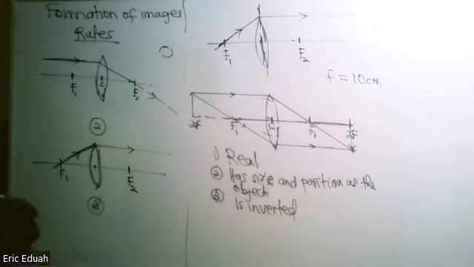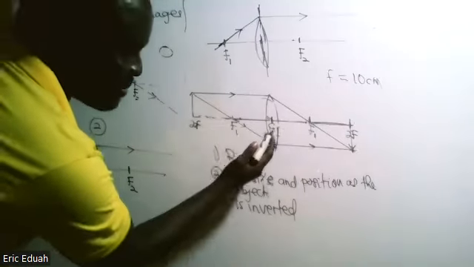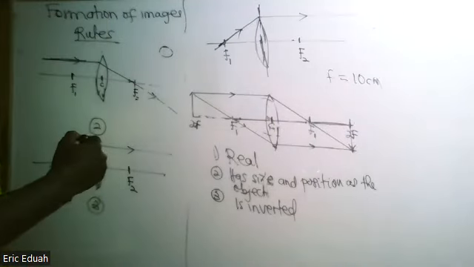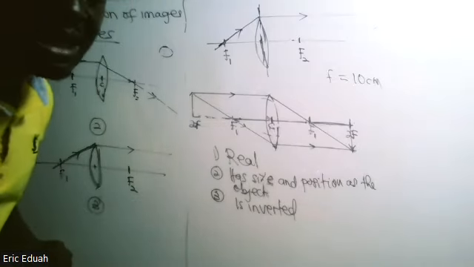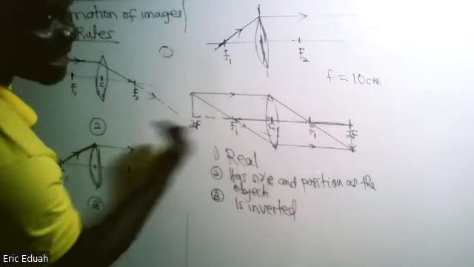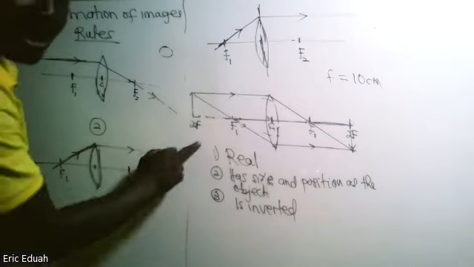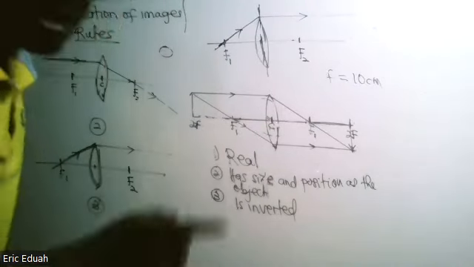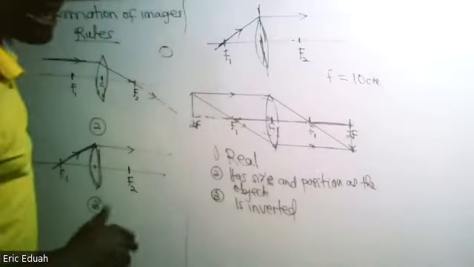Look at something. Under mirrors, a real image is formed at the same side as the object. When we talk about real images, they must be in front of the mirror, at the same side as the object. When it comes to lenses, a real image must be at the opposite side.